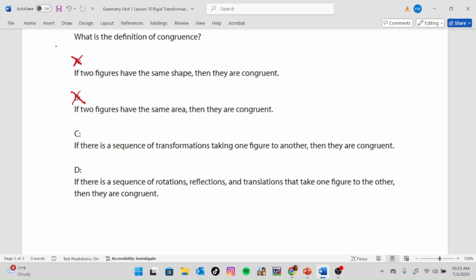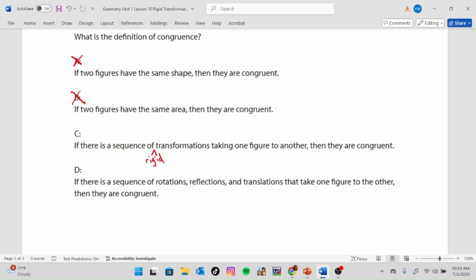Choice C. If there is a sequence of transformations taking one figure to another, then they are congruent. Well, this is missing a part. It's not just a sequence of transformations. It would need to be a sequence of rigid transformations, because I could also make it bigger or smaller.